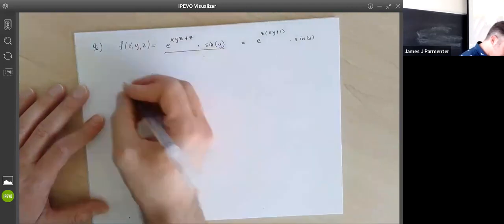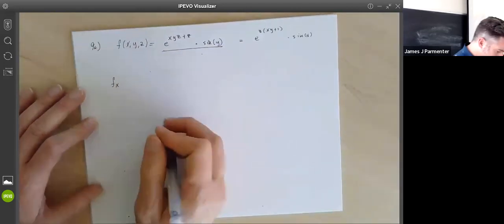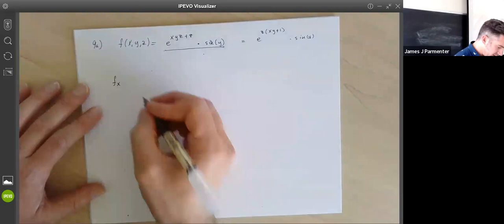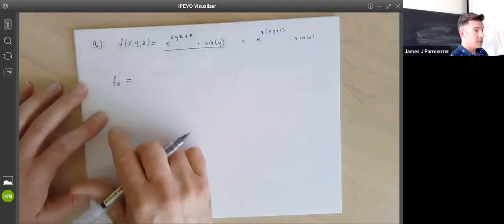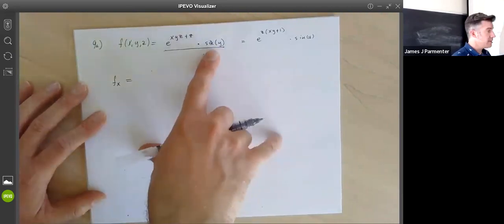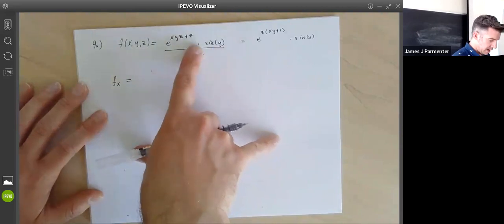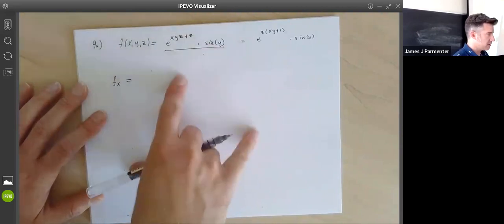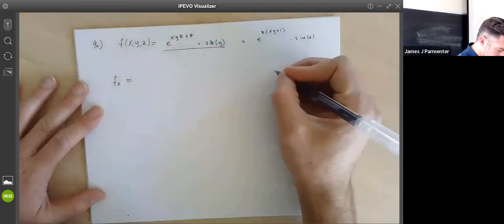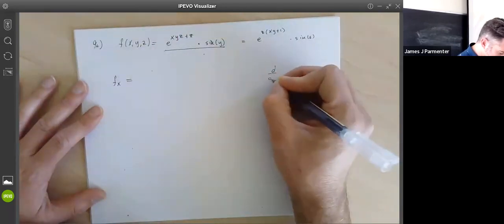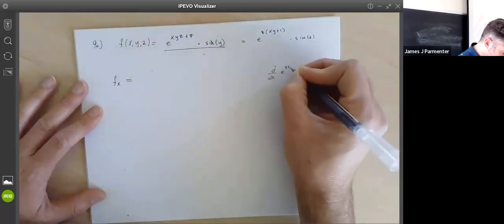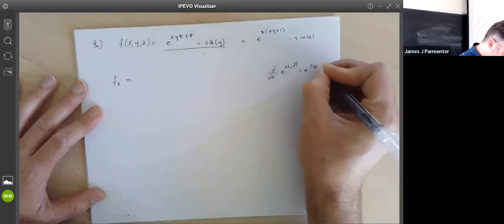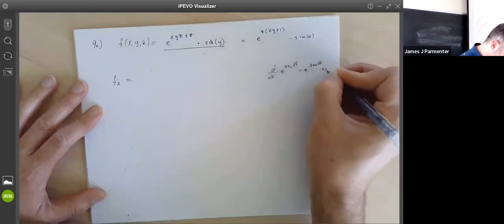So let's find fx. For fx, what I am noticing is a constant, sine of y, times e to a function of x. And I know that the derivative of e to the stuff is e to the same stuff times the derivative of the stuff.